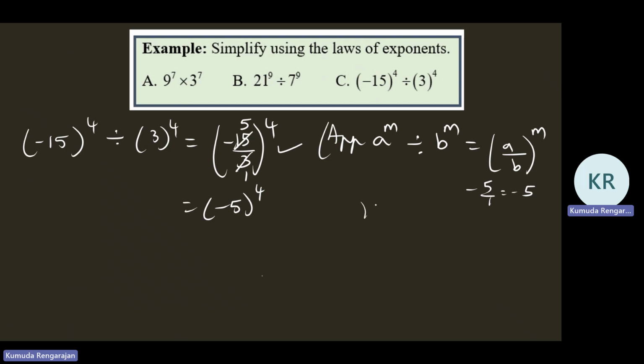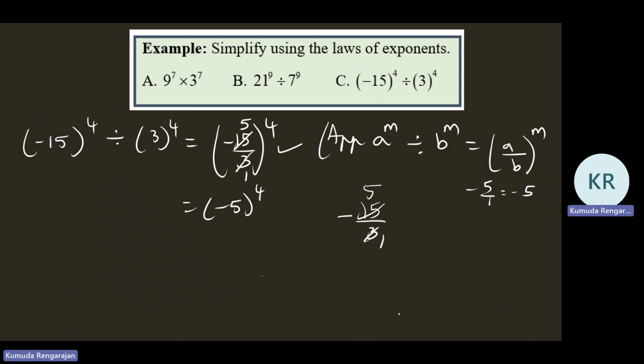When you can simplify 15 by 3, 3 ones are 3, 3 fives are 15, but there's a minus sign before it. Why should we not simplify? When you're simplifying, the sign has nothing to do with it. We're only dealing with the numbers, not the signs. Let the sign be there.